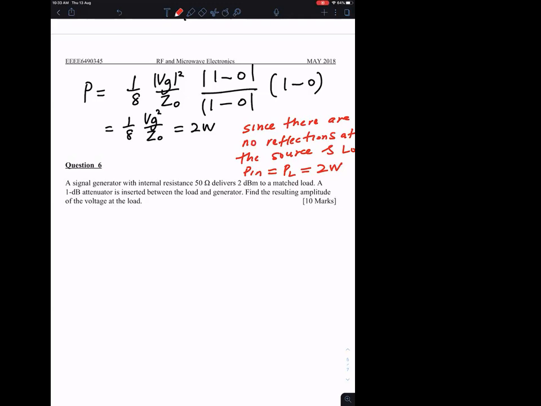You have a signal generator, and it's delivering power through a 1 dB attenuator to a matched load.